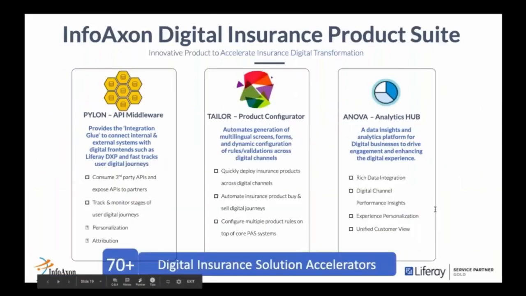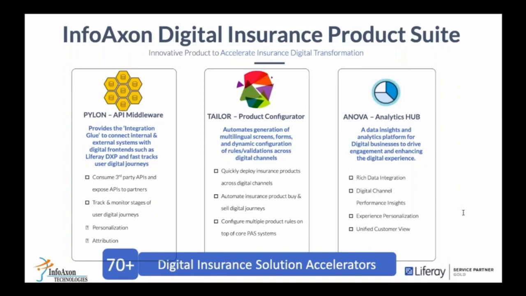So on this journey, because we saw those trends, challenges, we saw this was the need. So InfoAxon, through its own journey of implementation, has built some of the key pillar products which cater to these requirements that I outlined just beforehand. We have our own product, Pylon API middleware, which acts as a glue or a service bridge between your front-end channels and your core systems.